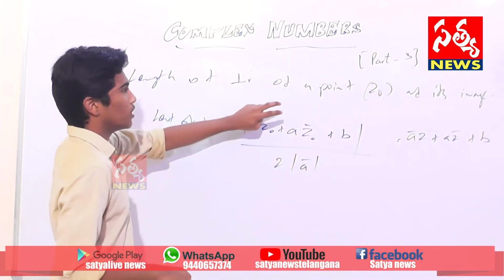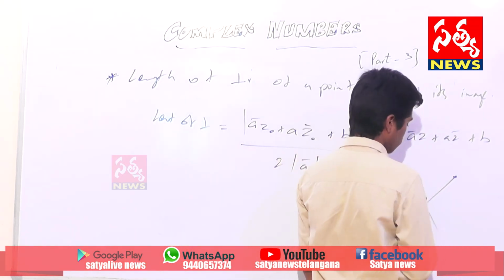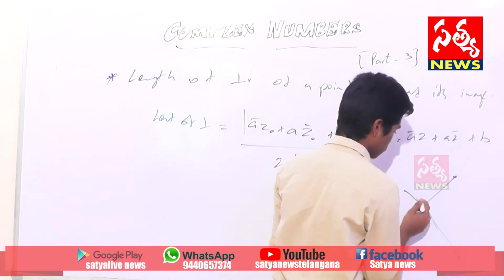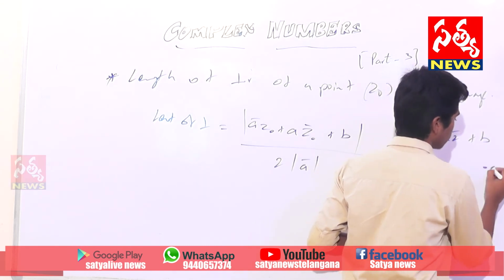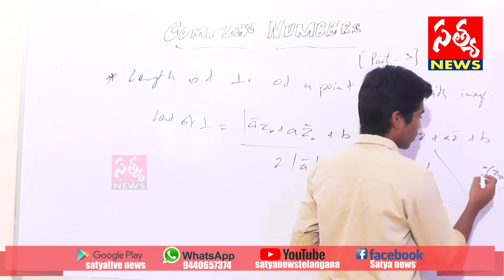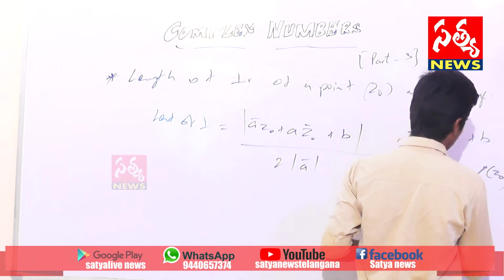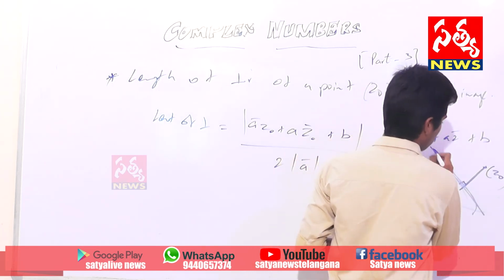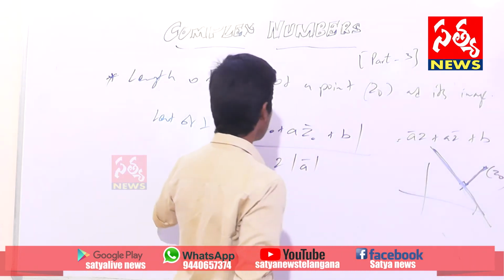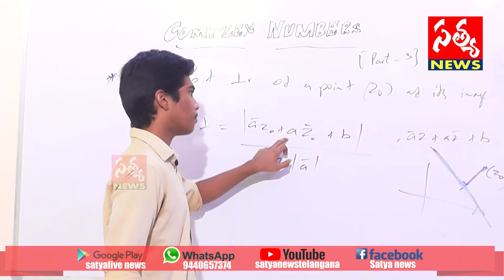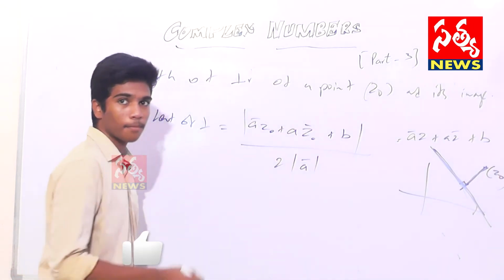So z0 is a point in the plane and this is the distance from the line. For example, if this is a complex plane, this is a point z0, this is a line, and this is the perpendicular distance from z0 to the line a bar z plus a z bar plus b, which is mod of (a bar z0 plus a z0 bar plus b) by 2 mod of a bar.